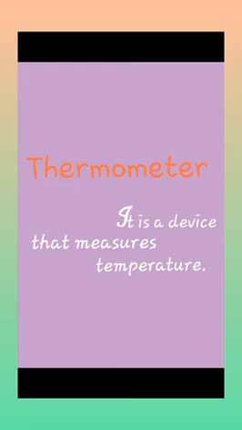Do you know how we measure our body temperature? We use a device called a thermometer to measure temperature. So let's learn about the thermometer. What is a thermometer? It is a device or instrument that measures temperature.